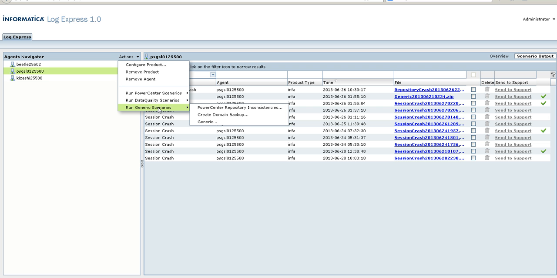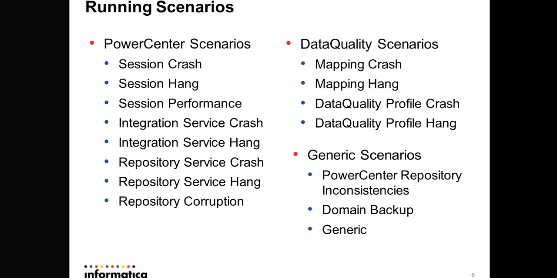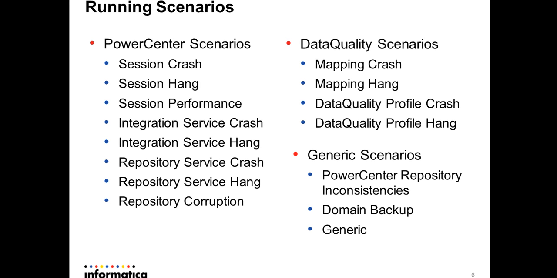We also have some generic scenarios enclosed within LogExpress. We can take a backup of the domain, repository inconsistencies, or just provide all the logs for generic troubleshooting purposes. Here is the list of scenarios that are available in version 1.0 for Power Center, data quality, and some generic scenarios.